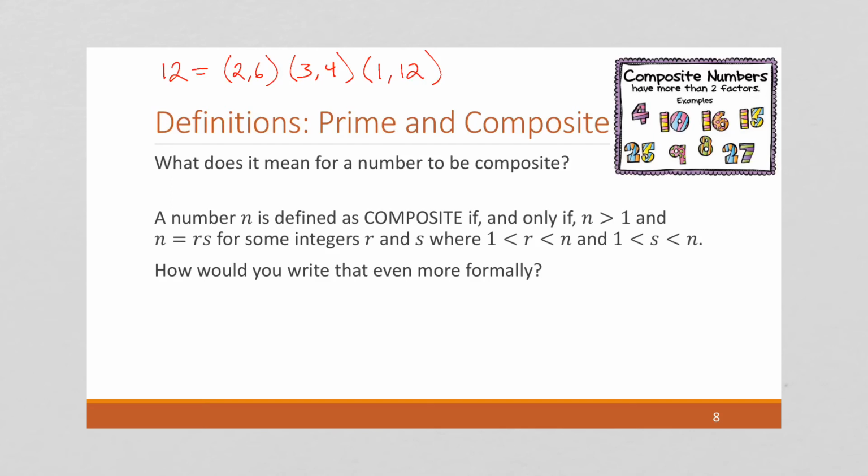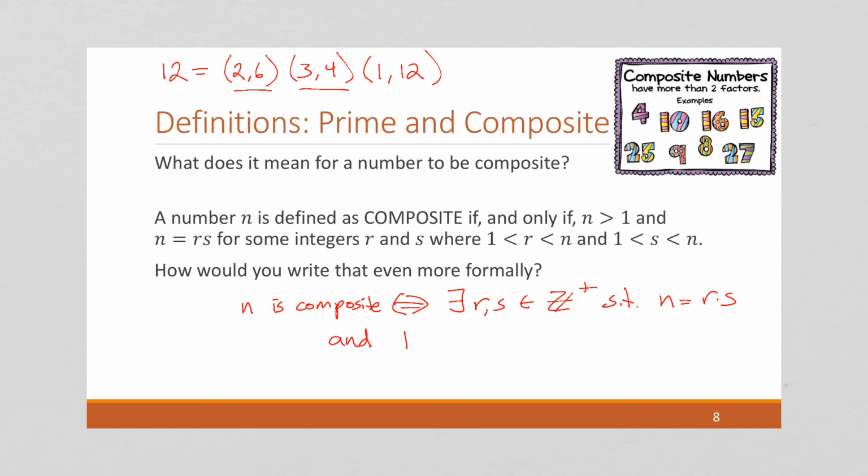How do we write this formally? Well, we say that n is composite if and only if, again, this is kind of an unwieldy definition, there exist positive integers r and s such that n equals r times s, and now this is a way of saying there are numbers other than just 1 and the number itself.